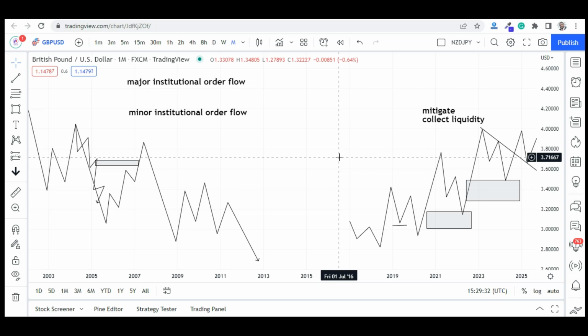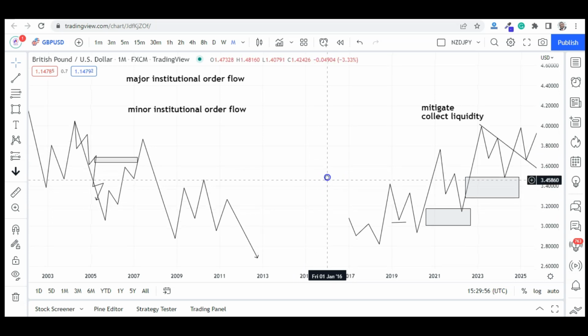Now, if you are trading the minor institutional order flow, that means price wants to come down to mitigate some areas and also grab liquidity. You can also anticipate that. Though that might be difficult sometimes, with practice, backtesting, and forward testing, you are going to have yourself rounded. You are going to be able to understand how to go about the market.